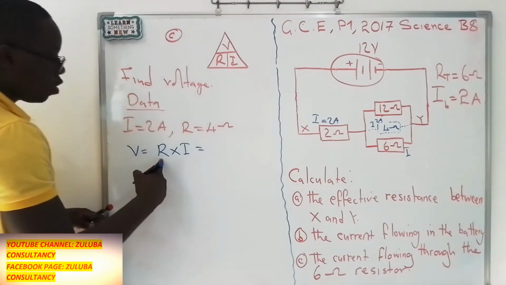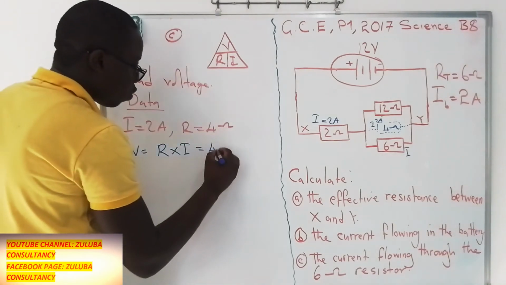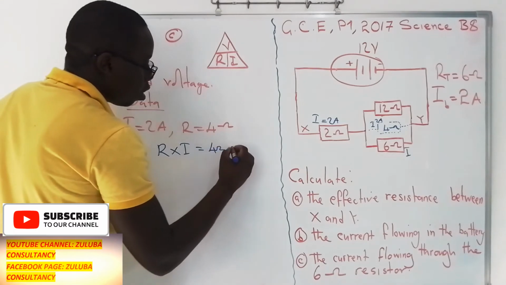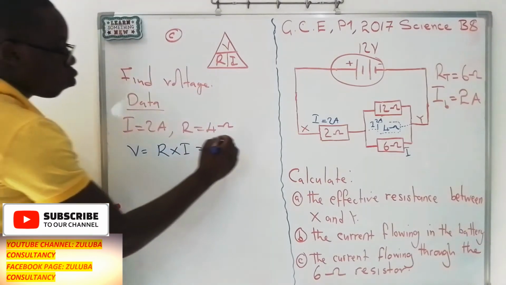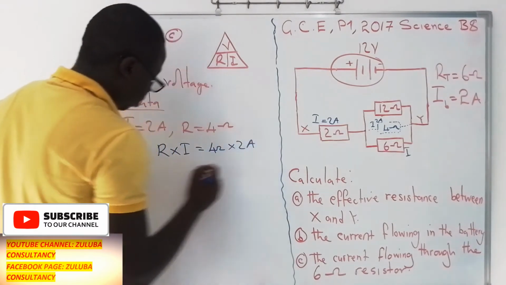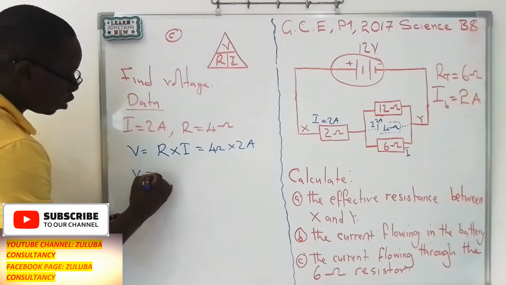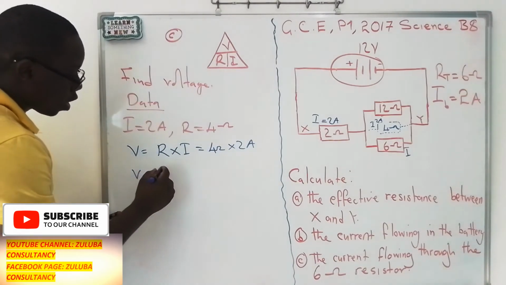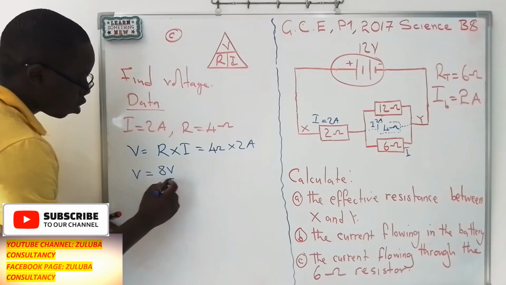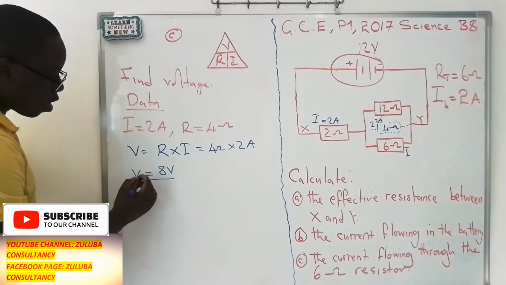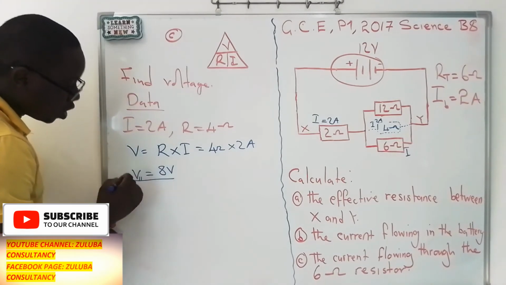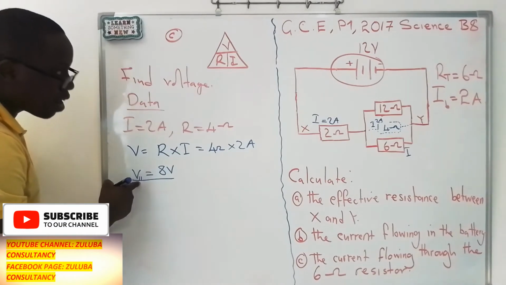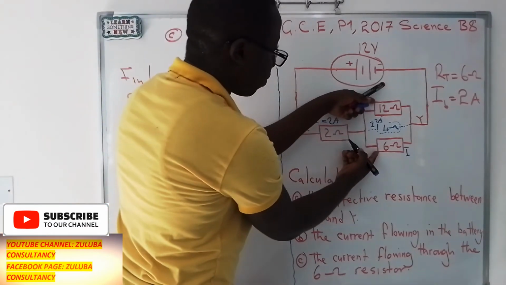So resistance is 4 ohms, then we are multiplying with 2 amps. We are saying voltage here will be equal to 8 volts. So this is the voltage that is reaching the parallel circuit here.